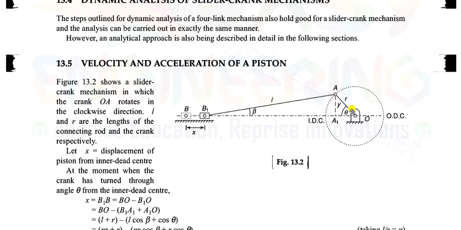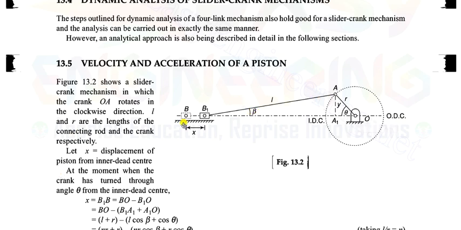Okay, so imagine that before some time this A point was here at the inner dead center, and now it is at this position, which means the crank has rotated in clockwise direction by theta angle. Okay, so this is the position, and when with this axis, the crank is making theta degree angle, the connecting rod is making beta angle.